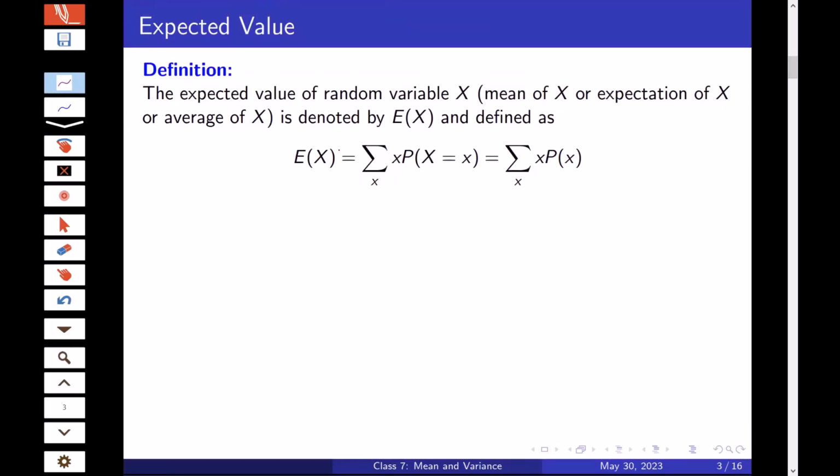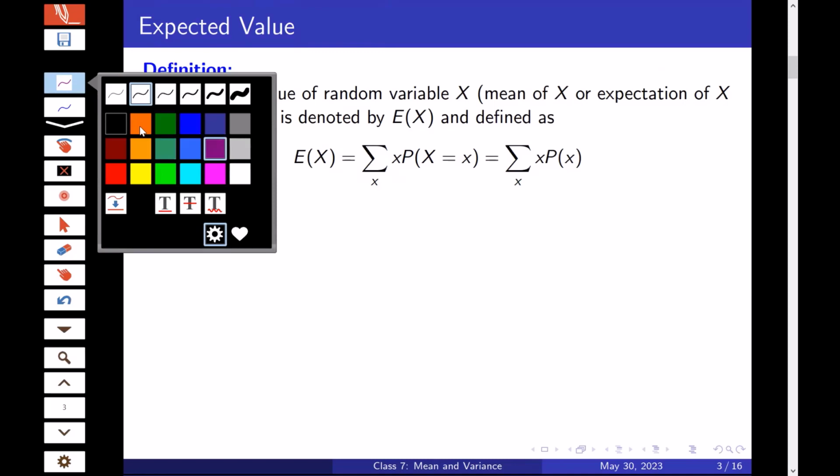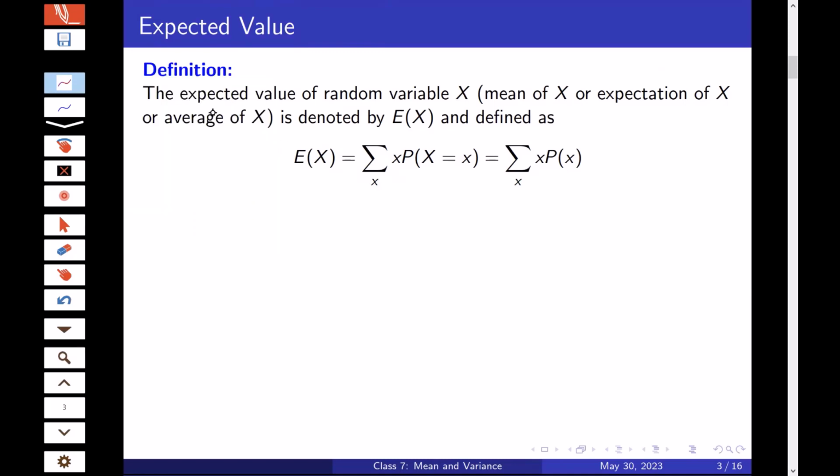This is the definition of expected value. The expected value of random variable X, the mean of X, expectation of X, or average of X, is denoted by E of X and defined as in this equation.